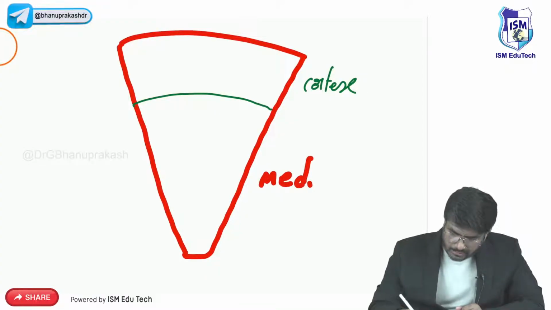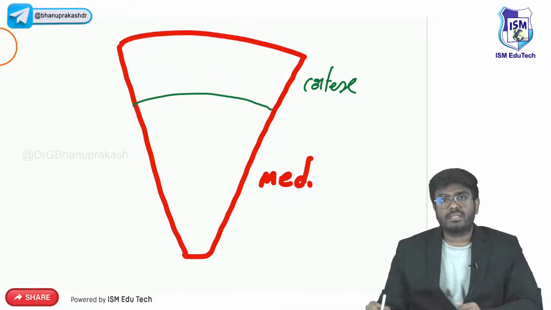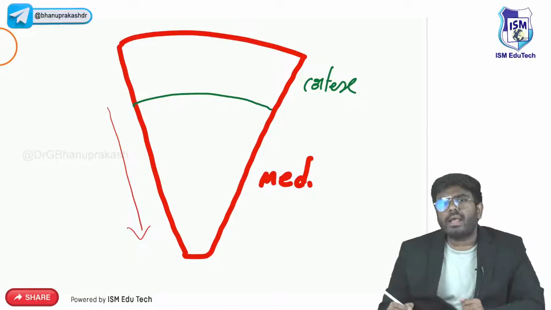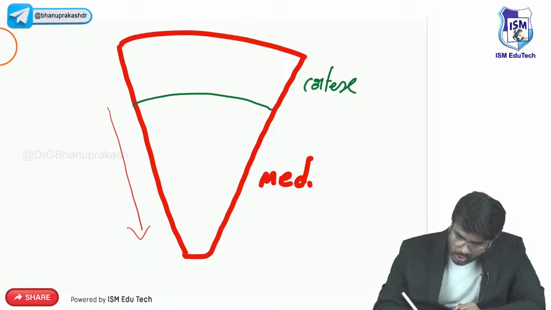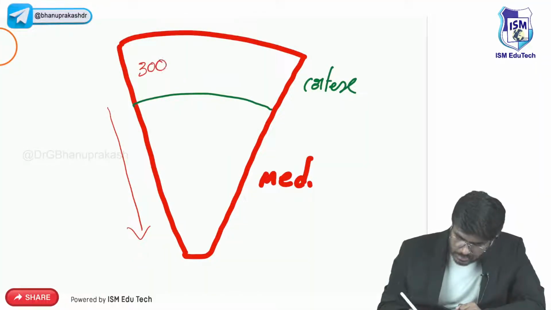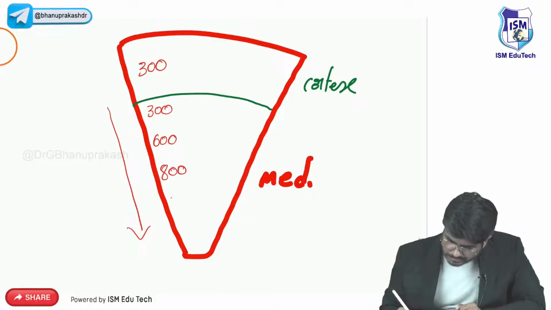I hope you have studied this in your regular classes. When you go deep into the medulla, what happens to the osmolarity? In the cortex, the osmolarity is 300 milliosmoles. But when you go deep into the medulla, the osmolarity increases.